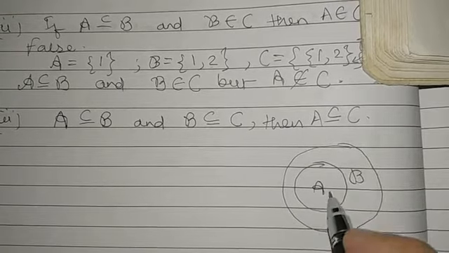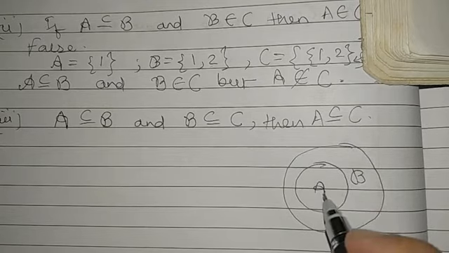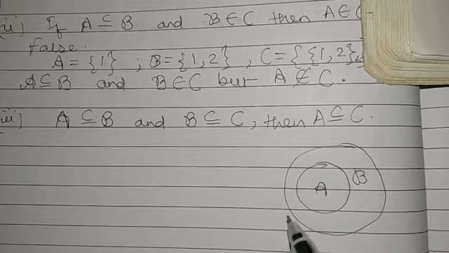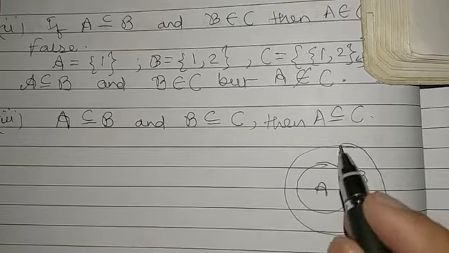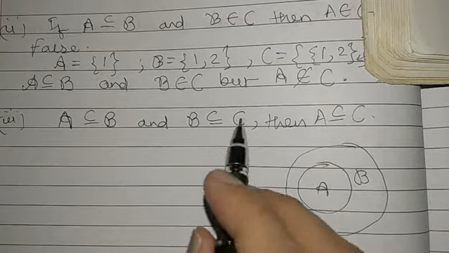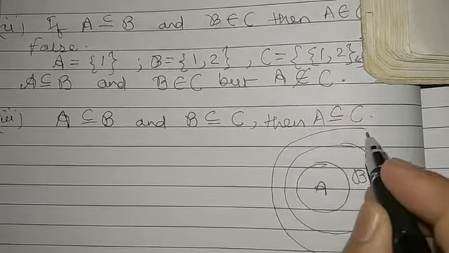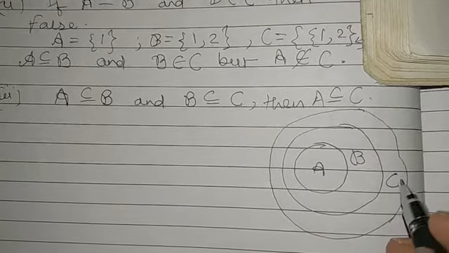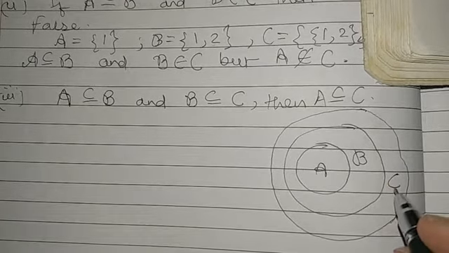This small circle is the set A and the big circle is the set B. So set A is completely inside the set B. Also, B is a subset of set C, so the set C will contain the set B fully, like this.